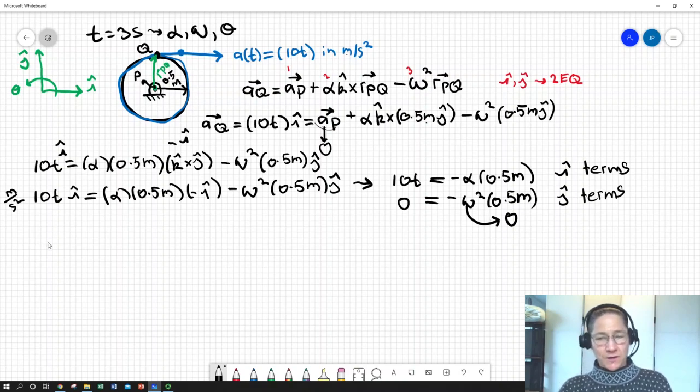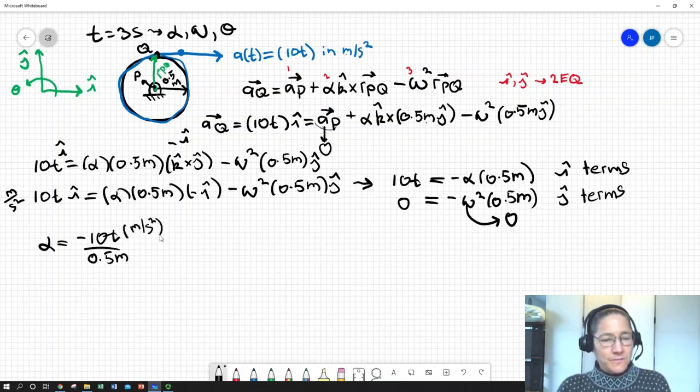So we're left with, basically, alpha is going to be equal to negative 10t divided by 0.5 meters, and this was in meters per second squared.